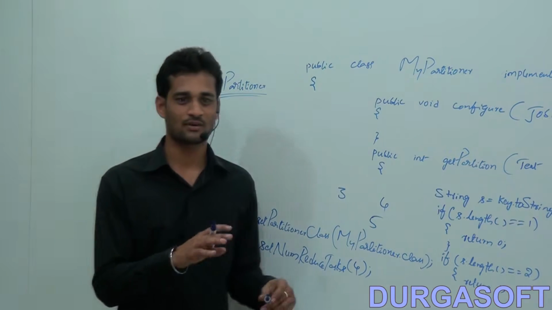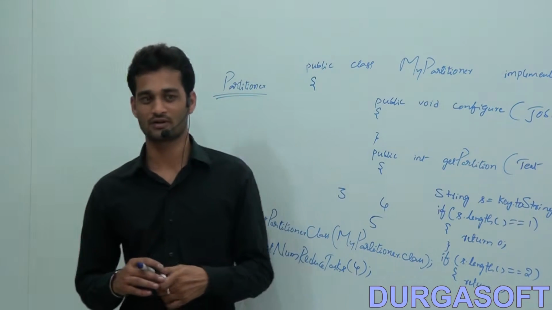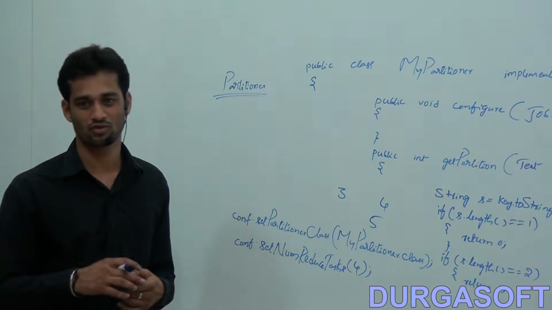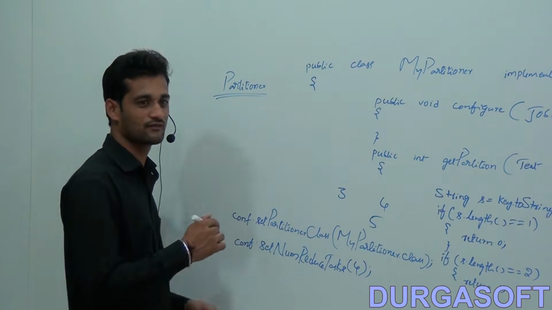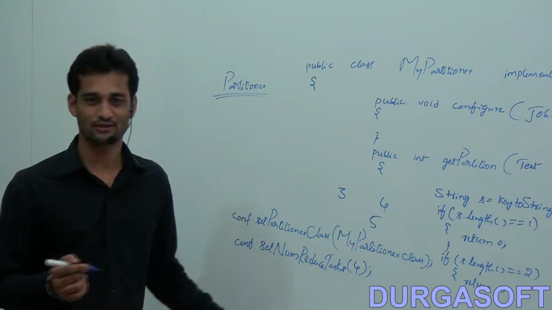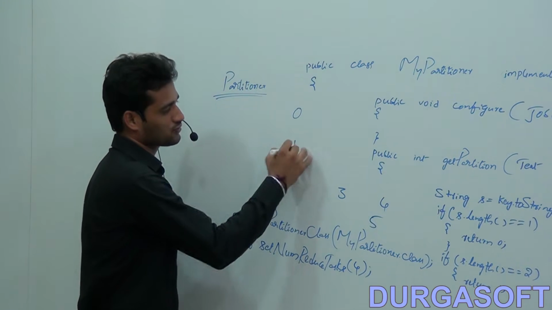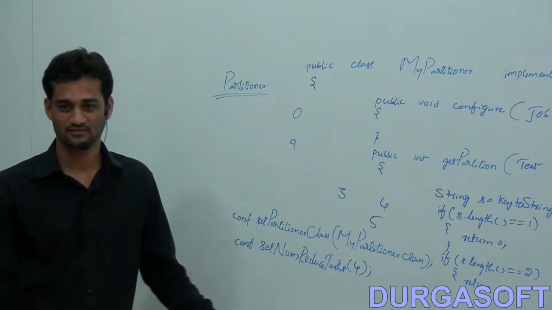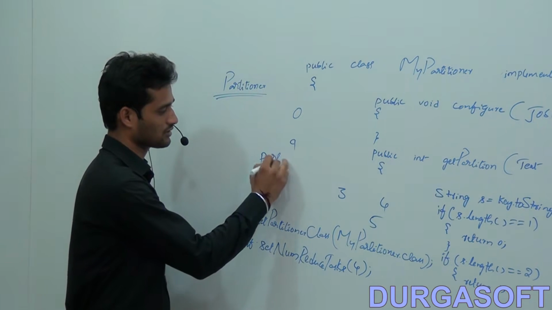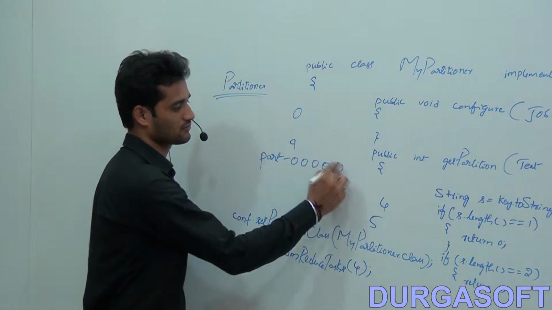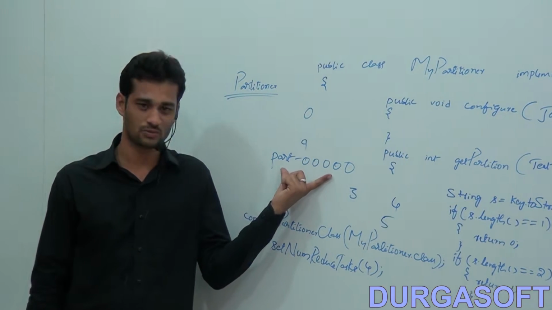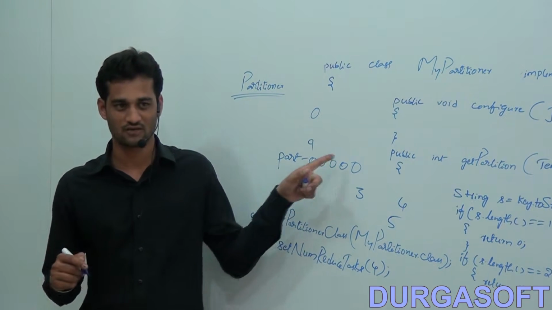If I am taking 100, how many reducers can you work with? What is the maximum number of reducers? Infinity? See, 0 to 9 means how many? 10. How will your output be given here? Part-r-00000 if you are working with 1 reducer, so only 1 output file.